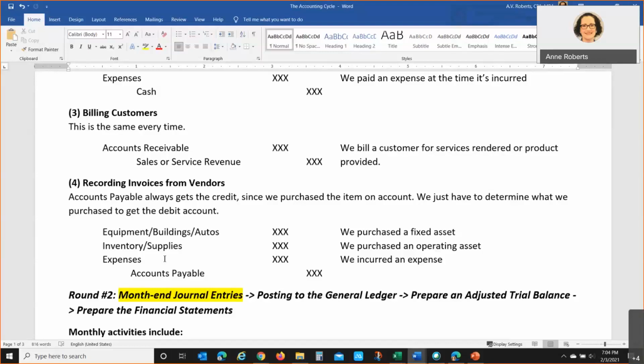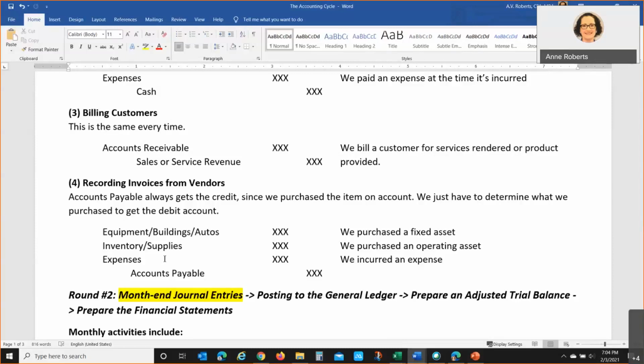If it says something along the lines of, we wrote a check for supplies, if we're being billed for supplies, something along those lines, or I'm trying to think of how they might word it without using the word purchase. That's probably the two biggies.